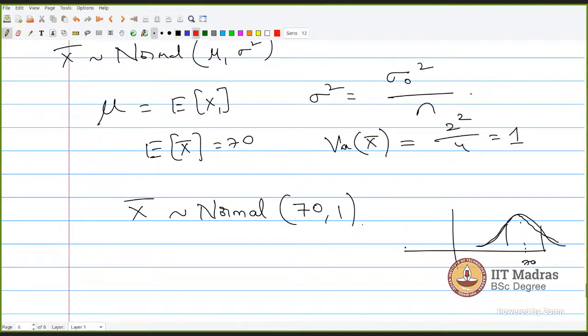By subtracting 70, we shift the graph 70 units to the left, and it becomes the standard normal distribution. So x bar minus 70 will be normal 0, 1. That is what they say.